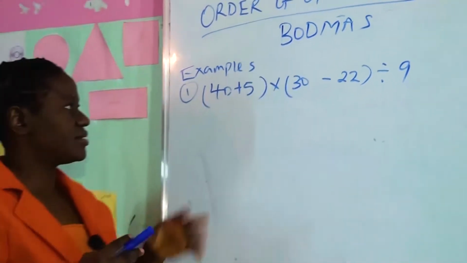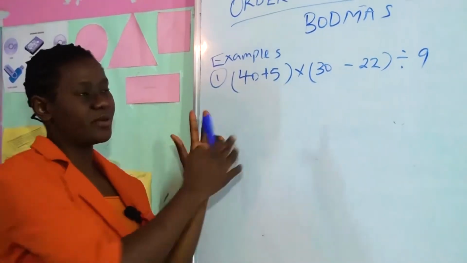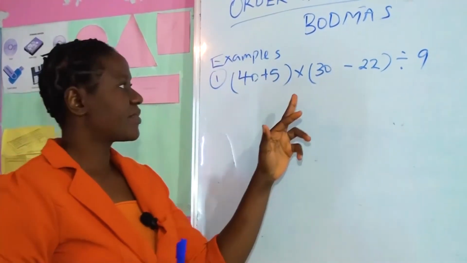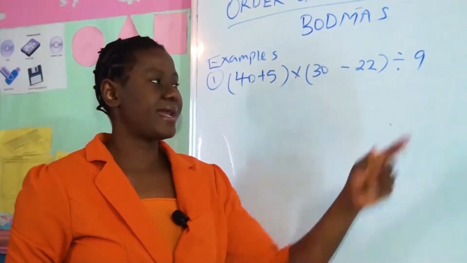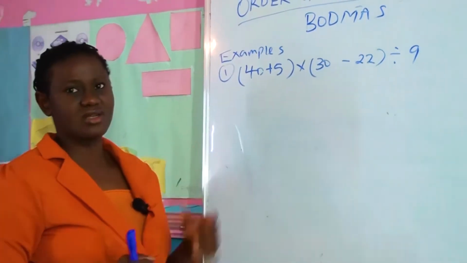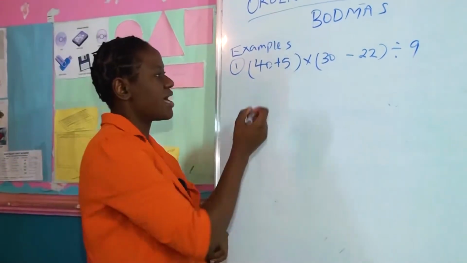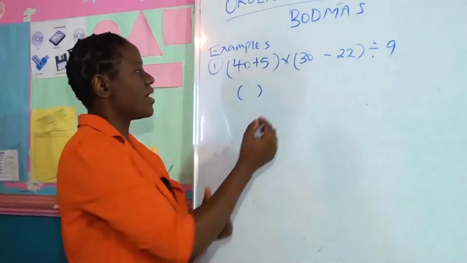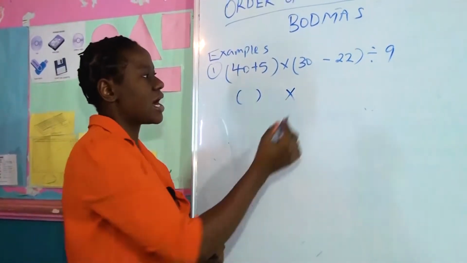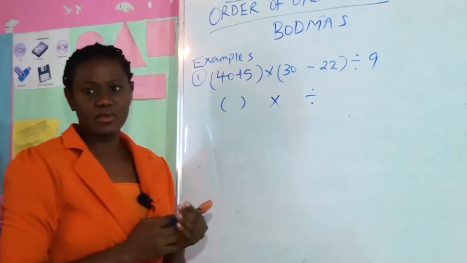This is the question: 40 plus 5 in a bracket, times 30 minus 22 in another bracket, divided by 9. Now, what are the operations we have in this question? We have brackets, yes, 2 brackets. We have multiplication and we have division.